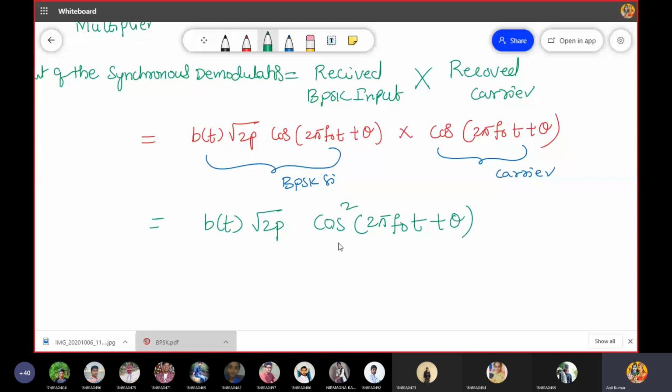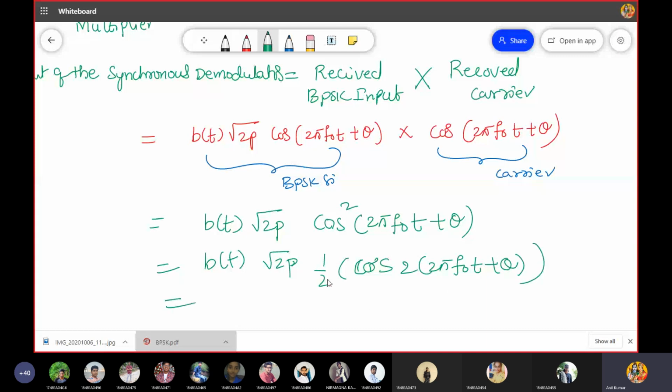Is it okay? So now I will write this one as B of t into root 2P into 1 by 2 into cos 2 pi f naught t plus theta.